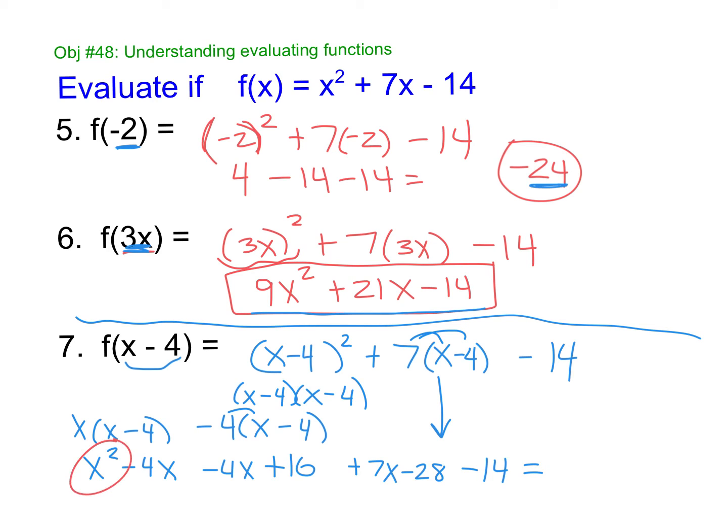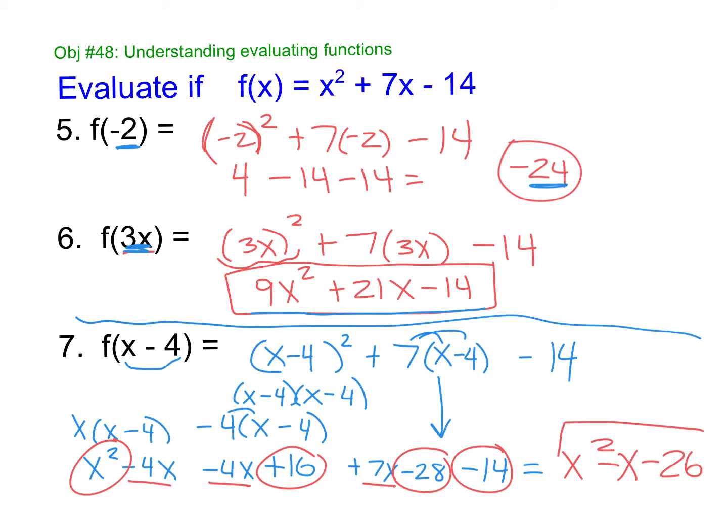I have my x squared, and then we have minus 4x plus 7x. That gives us a minus x, right? -4 gives us -8. And then we have 16, -28, and -14. That gives us minus 26. So this is our final answer.